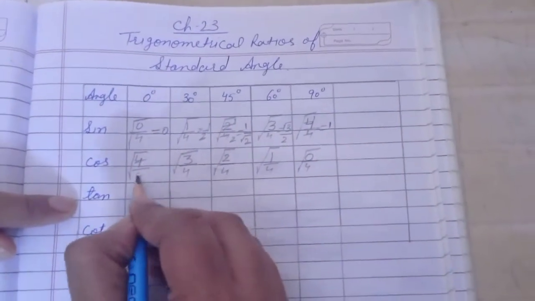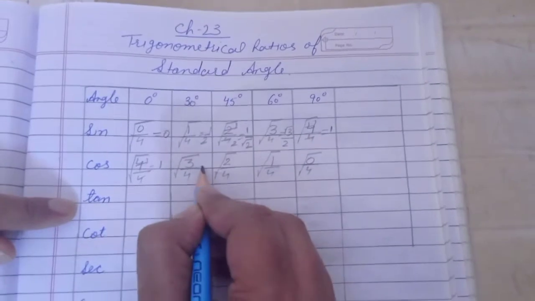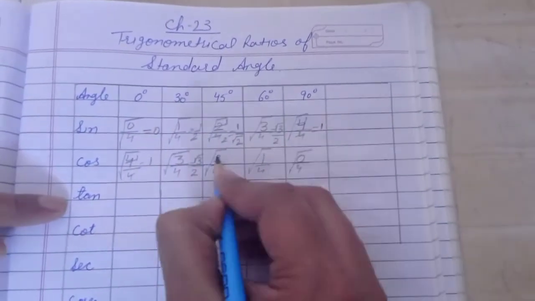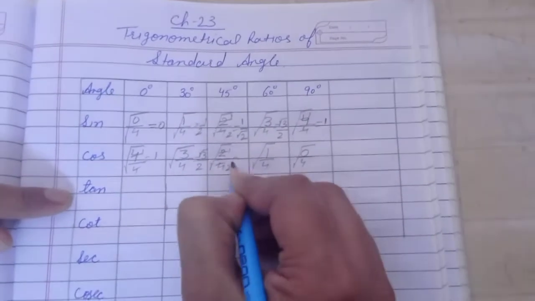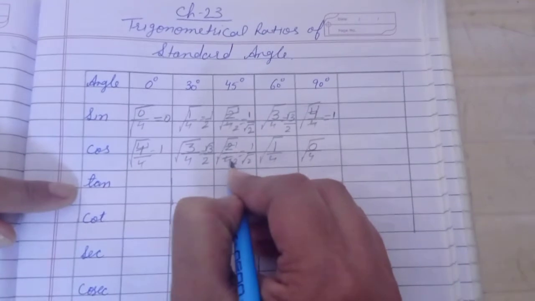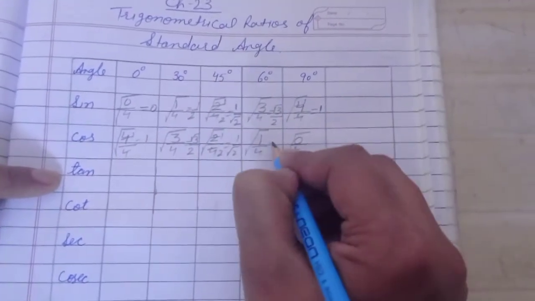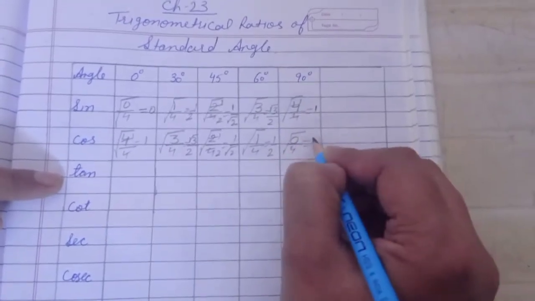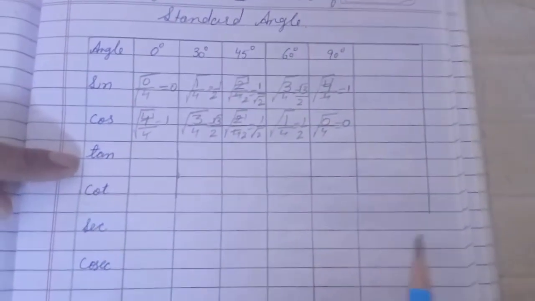Root 3 we can't find out. What is root of 4? 2. Root of 1 by 4 is 1 by 2. 0 divided by something is 0, so root of 0 is 0.